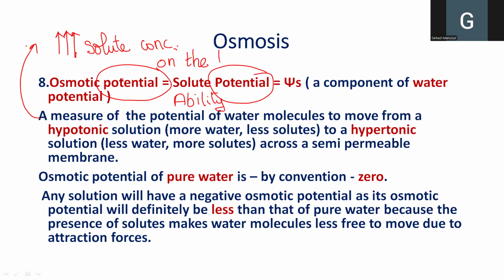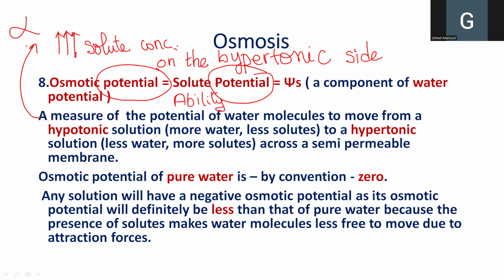It is directly proportional. So the more the solute concentration or solute potential on the hypertonic side, the more the osmotic potential and the passage of water from hypotonic to hypertonic.